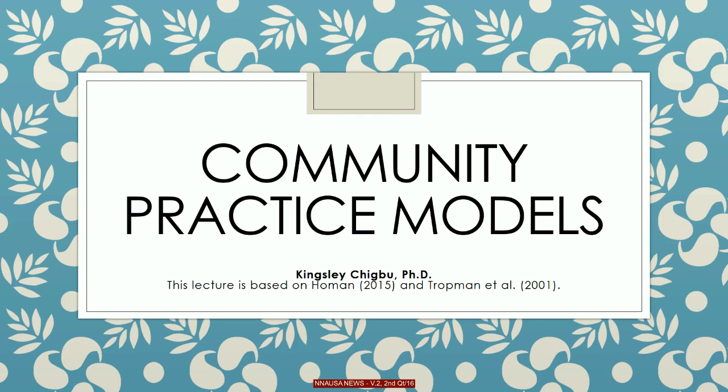So when we're talking about a model, we're talking about a framework. Some people would refer to it as a conceptual framework. Practice models are conceptual frameworks, and also practice frameworks.